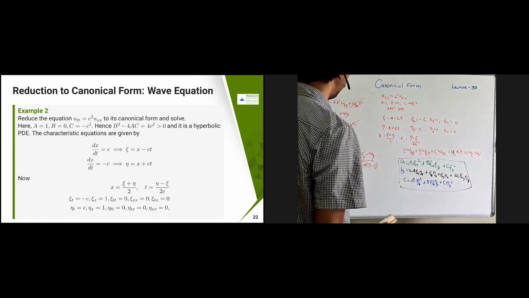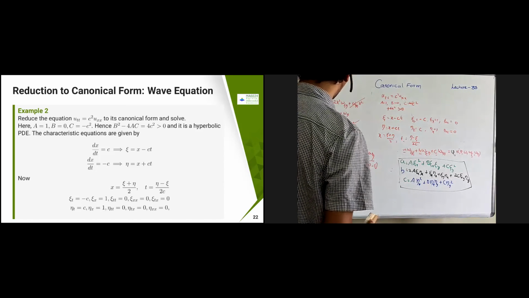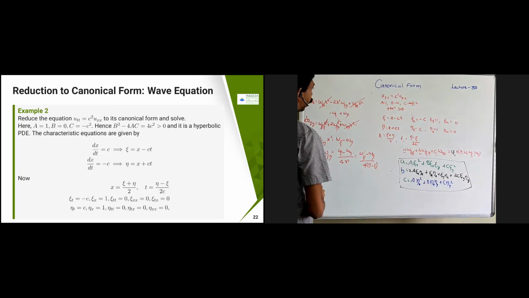Fine. Now we have to do the same kind of things. Here we are going to get chi everywhere changed to t, so this is going to become t, this is going to become x, and this is going to become c square. Because chi_t is there, c square is going to come.